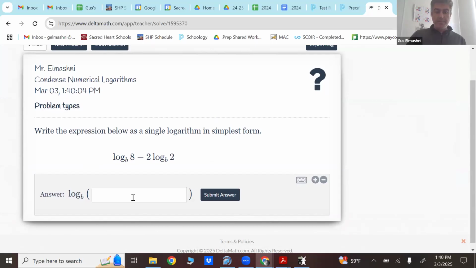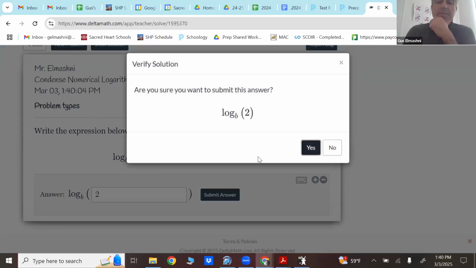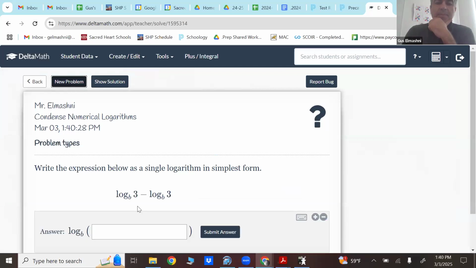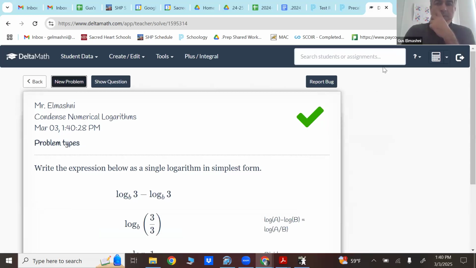What would I write? What's 2 to the power 2? What's 8 over 4? 2. There you go. So submit. If I try another one, so that'd be log base b of 1. Yep. Cool.